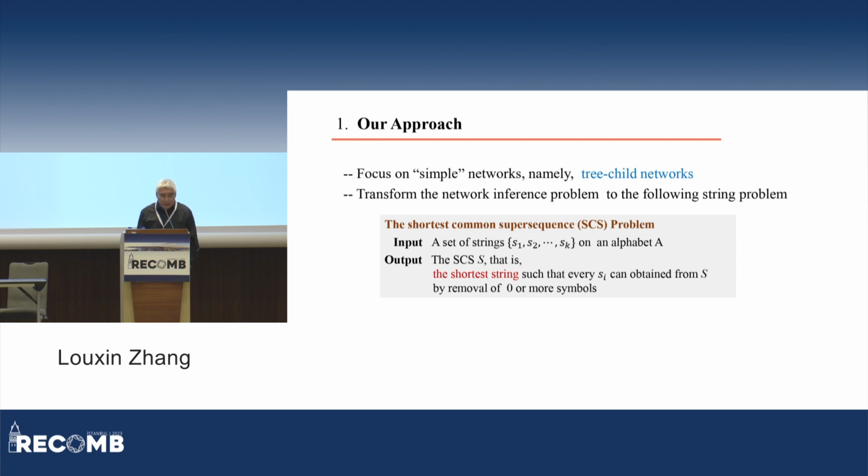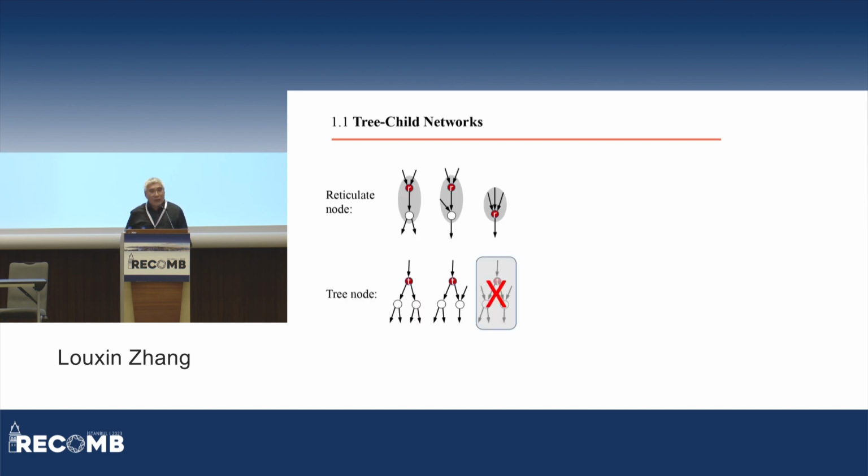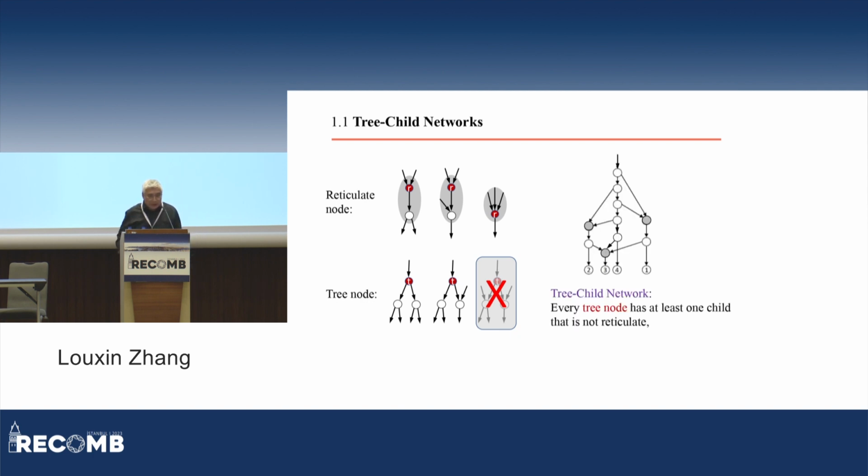The 2 children can be both tree nodes, or one child is a tree node and the other is a reticulation node. The last case is that the 2 children are both reticulation nodes. In tree-child networks, we don't allow this last case. In other words, in a tree-child network, every tree node has at least 1 child that is not reticulate. This is very important for the whole approach.